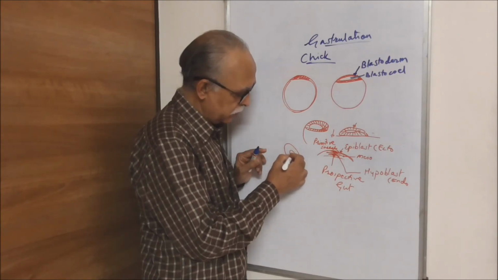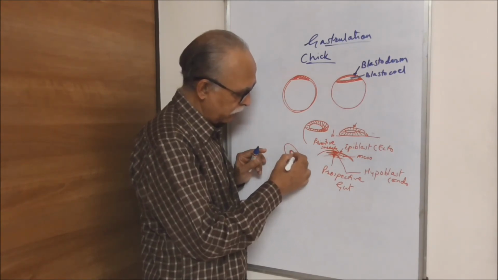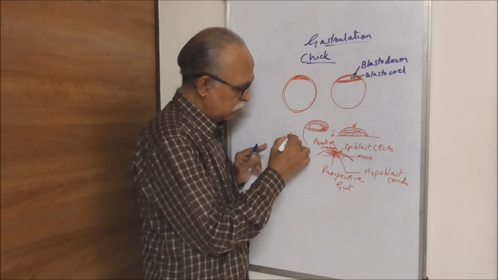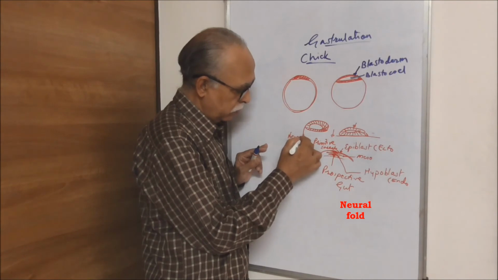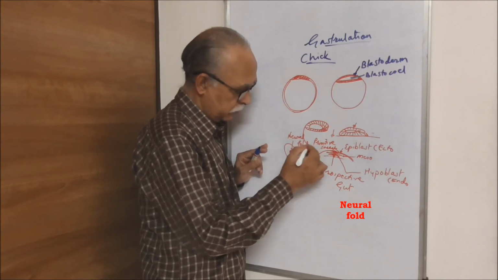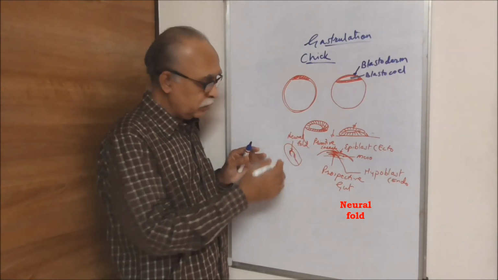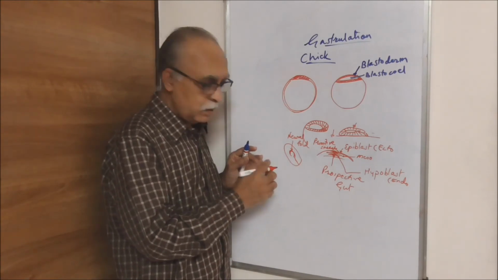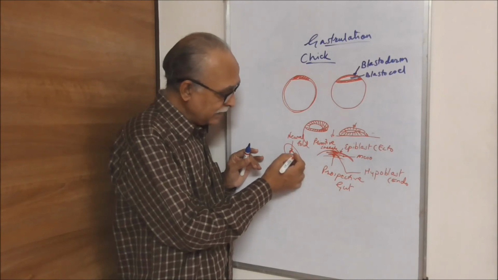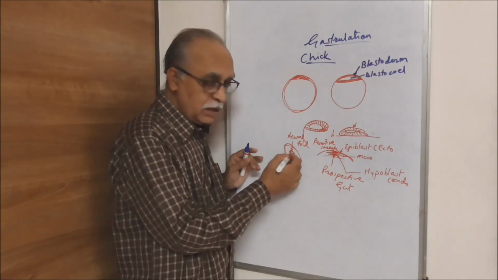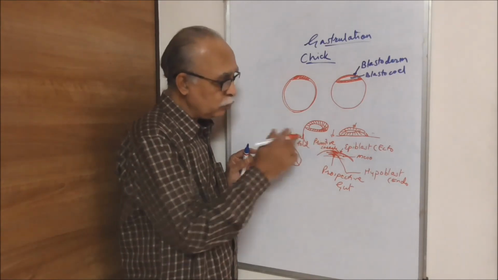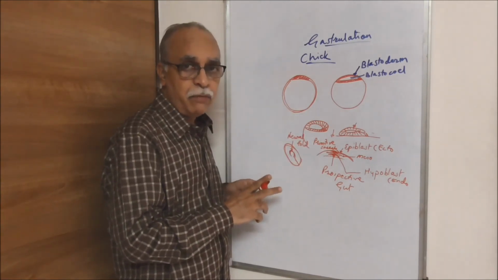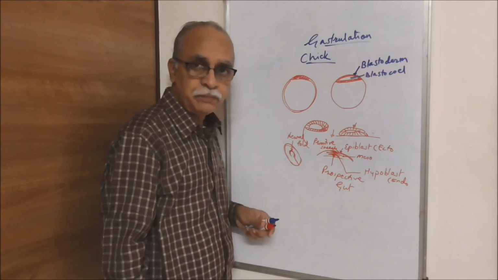So here there would be a kind of modification of tissues. This would become the neural fold. So this is going to develop into the nervous system later on. That's how the embryo could be seen in the peripheral view. That is how it could be seen in the sectional view. That is in chick embryo. Gastrulation in chick.